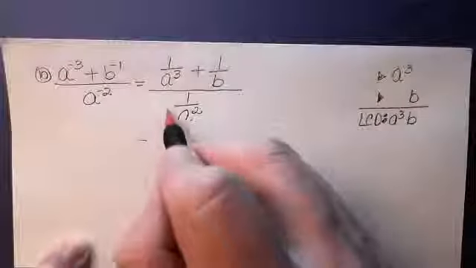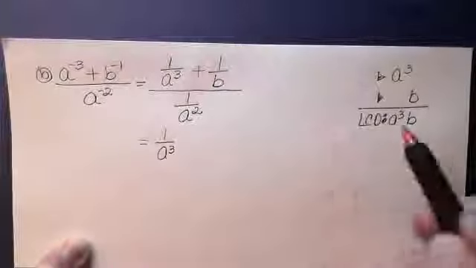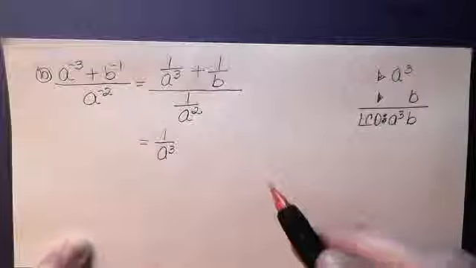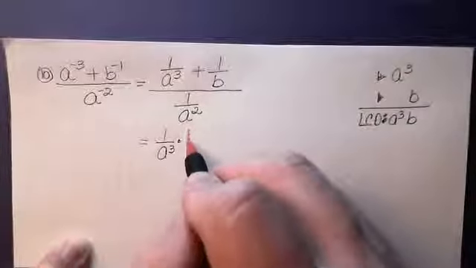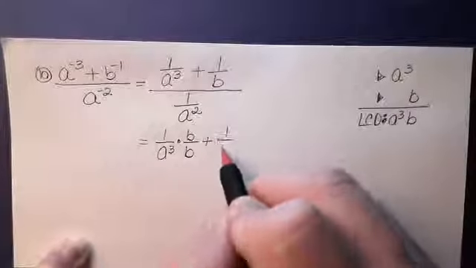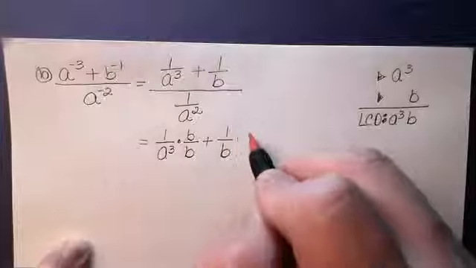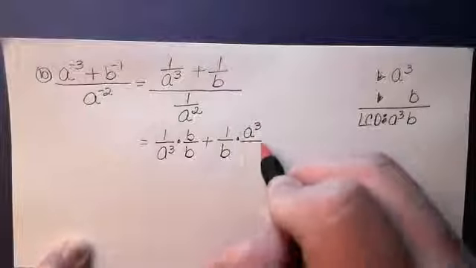Alright, so I copy my first fraction and compare that with my LCD and ask myself, what am I missing? I'm missing a b, so that's what I'm going to multiply top and bottom by. Copy the second fraction, compare with the LCD, what am I missing? I'm missing a to the third.